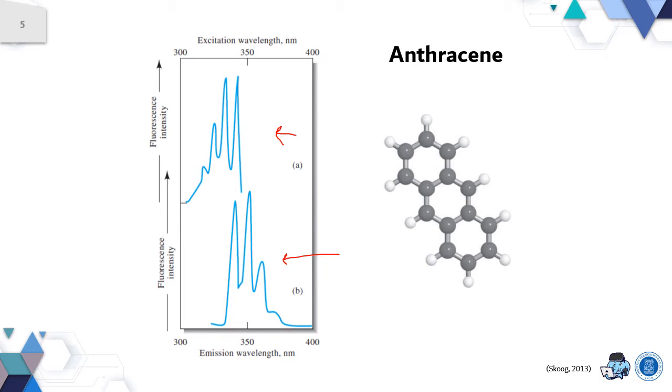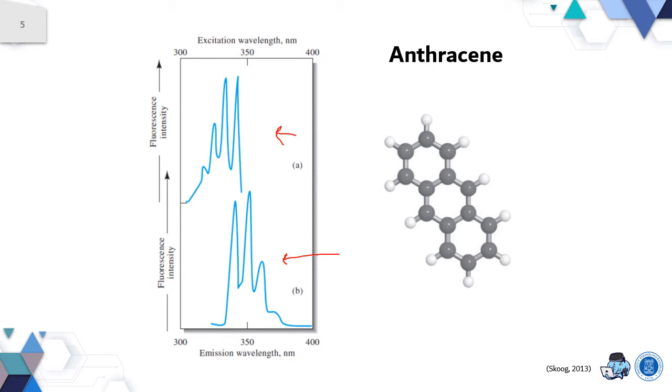Because the energy differences between vibrational states are about the same for both ground and excited state, the absorption or excitation spectrum and the fluorescence spectrum for a compound often appear as approximate mirror images of one another, with overlap occurring near the origin transition. For example, zero vibrational level of E1 to zero vibrational level of E0.